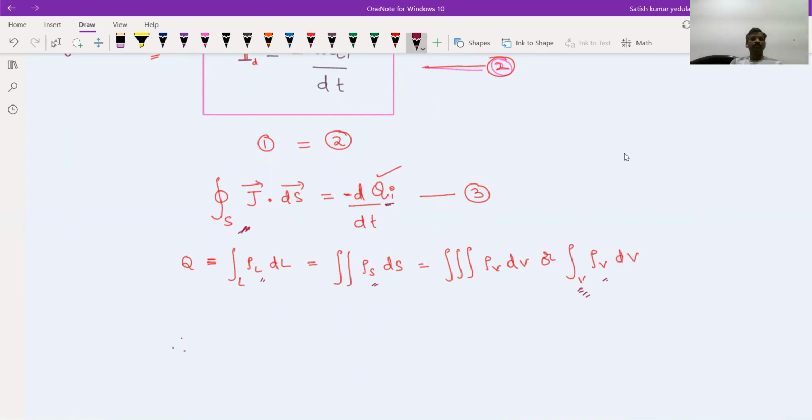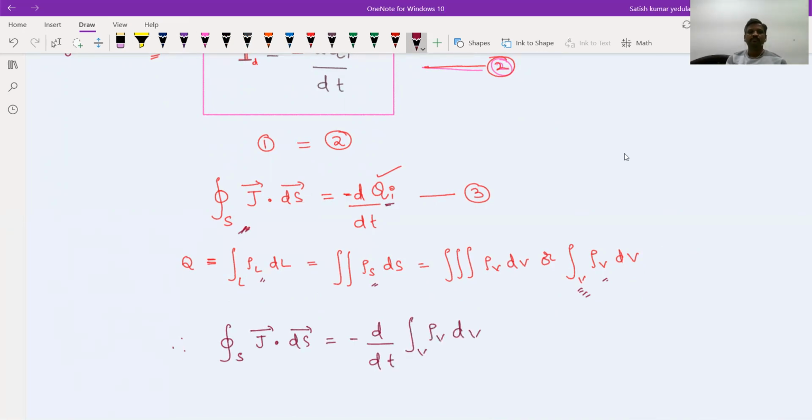Therefore, the closed surface integral of J dot dS will always be equal to minus d by dt of the volume integral of rho V dV.